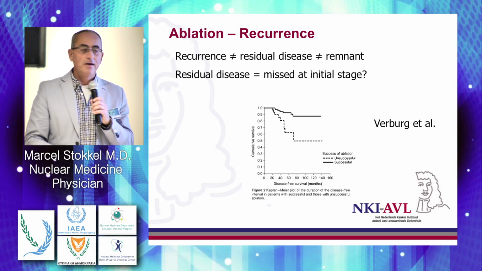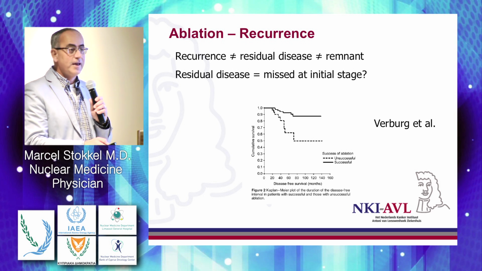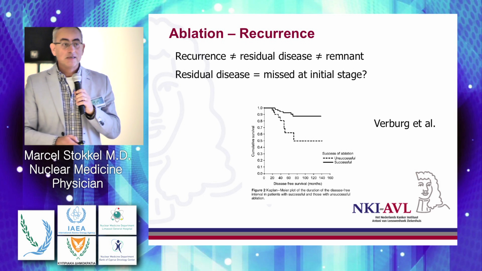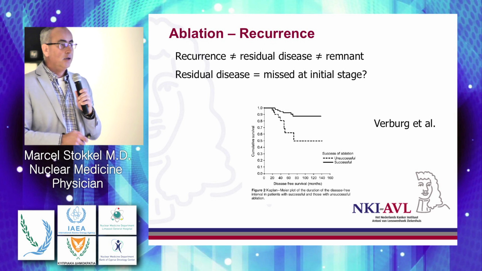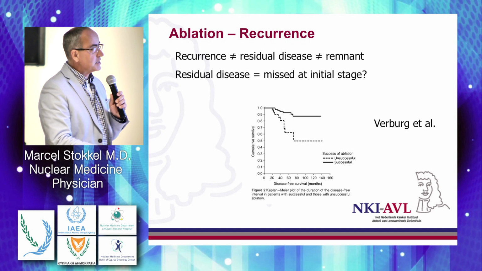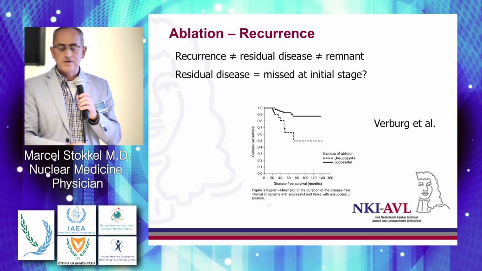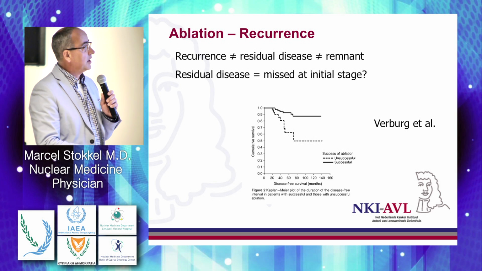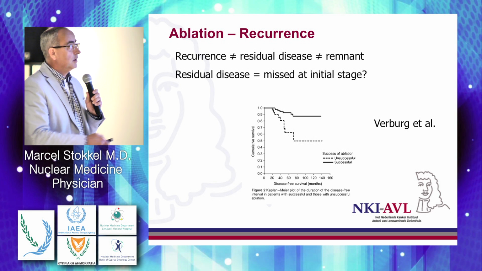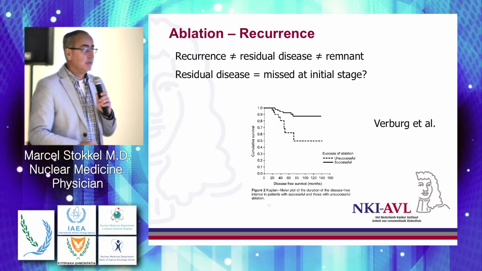The dose applied in this group was less optimal due to the diminished uptake, probably in thyroid cancer cells that were missed at initial stage. It could not be proven in the study, but it is probably the explanation for the differences in outcome. So be very careful when you have a look at these studies, whether you are talking about an ablation of normal thyroid tissue or the combination of normal thyroid tissue and malignancy.